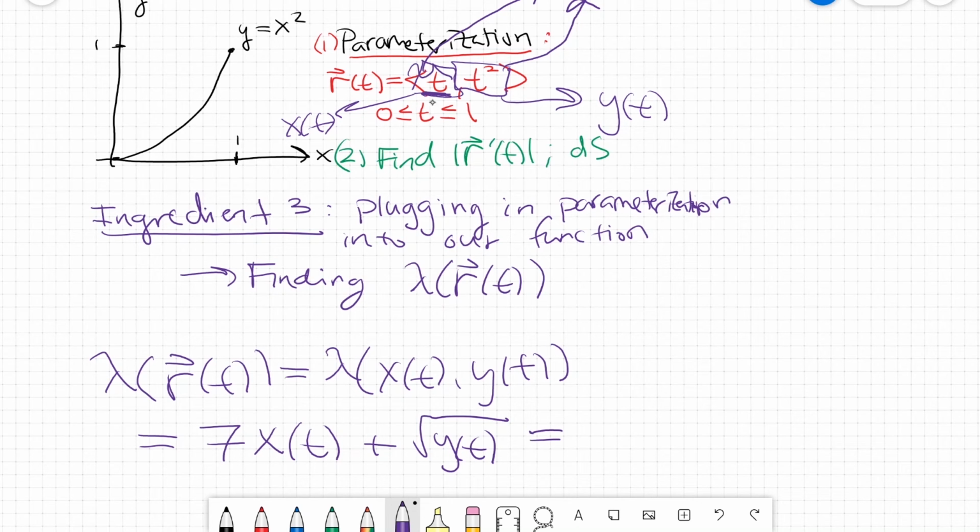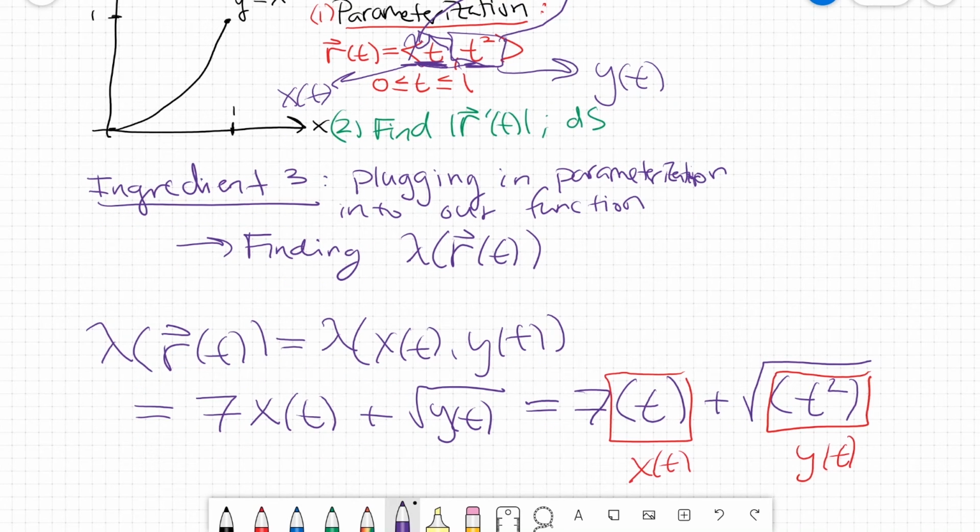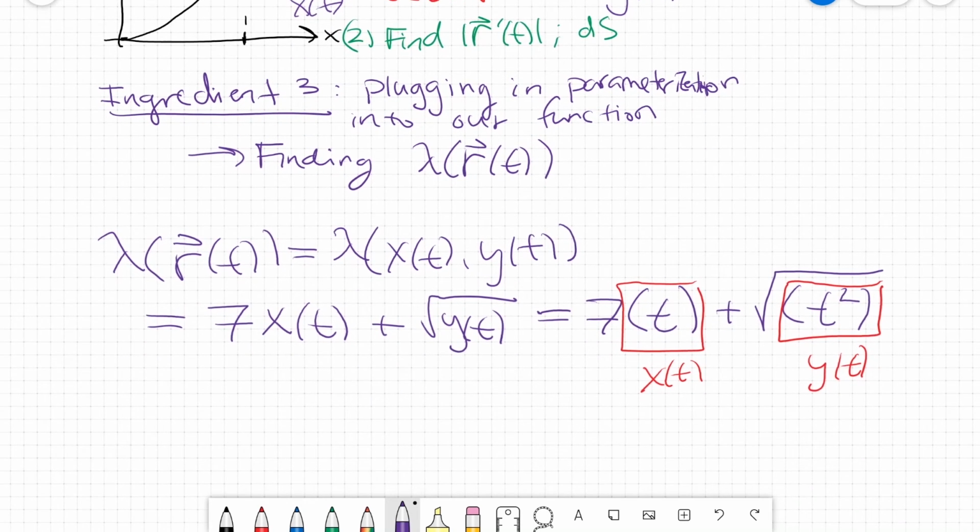Well, we found them up here. Simplifying, we'll get 7t plus t, since the square root of t squared is just t. Thus, plugging in our parameterization gave us that lambda of r of t is equal to 8 times t.